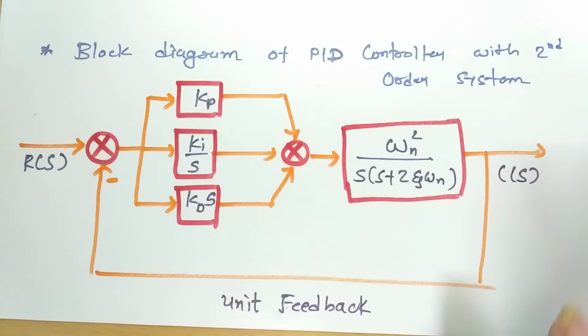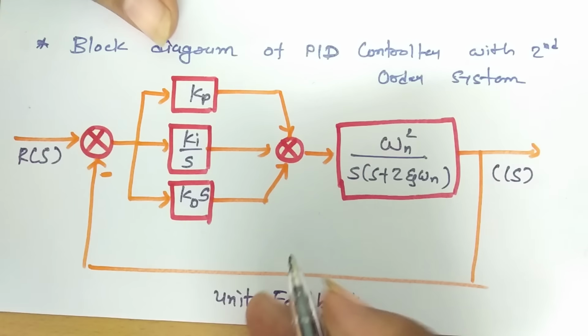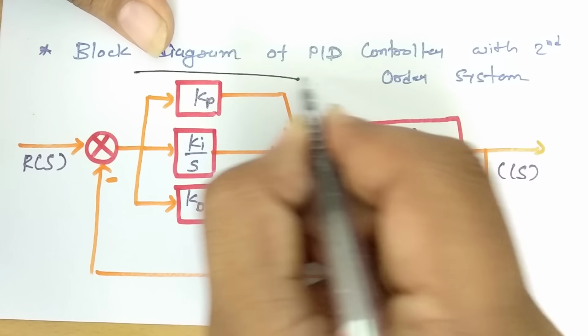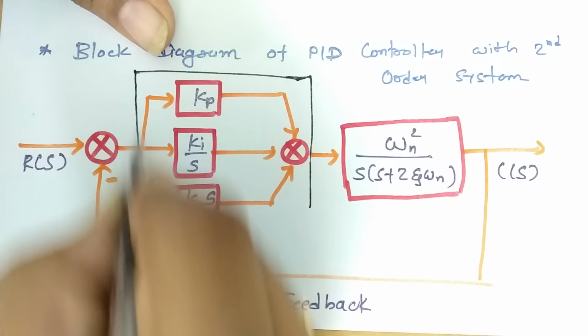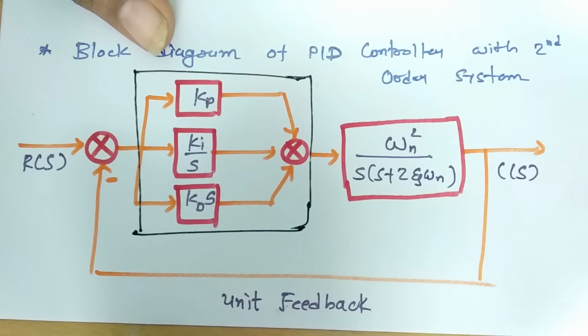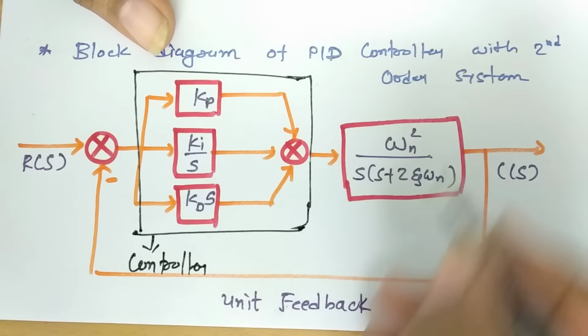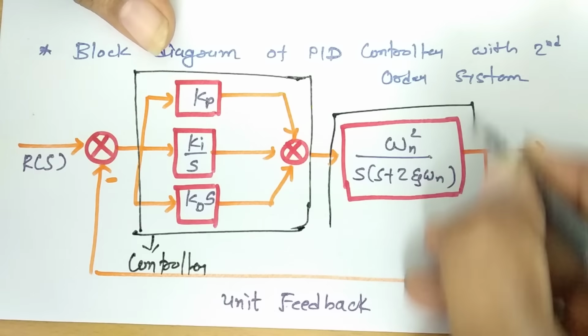Let us move on to the next point, the block diagram of the PID controller. Here one can say this is the controller block and this is the system block.